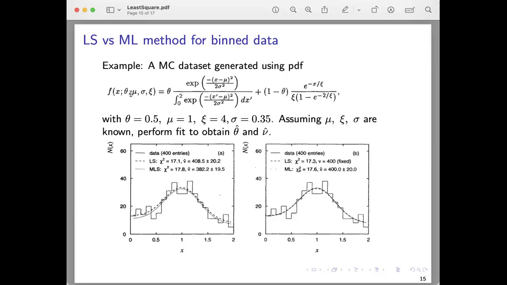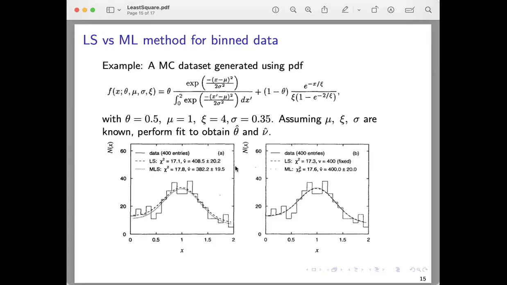These events are generated with some values of the parameters theta, mu, chi, and sigma, where mu, chi, and sigma are supposed to be known, and we want to fit to get theta and nu.